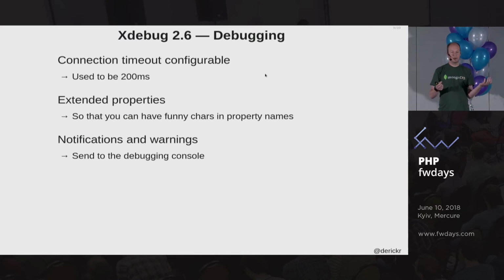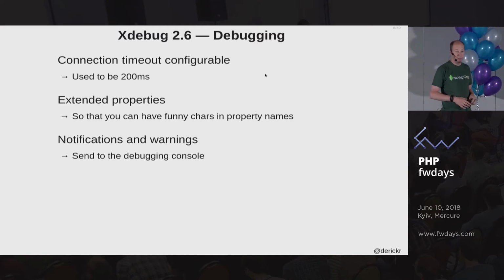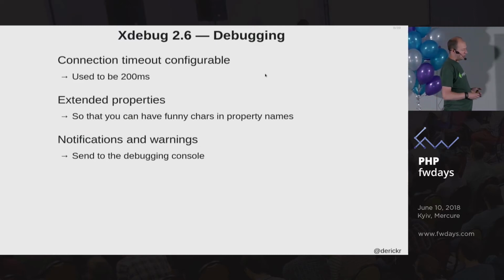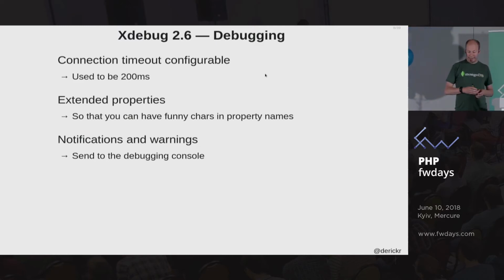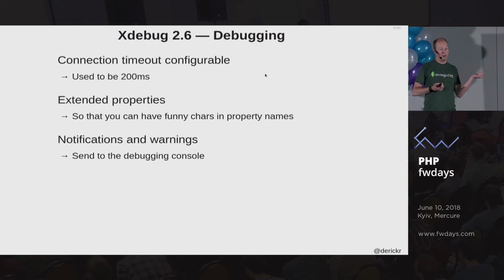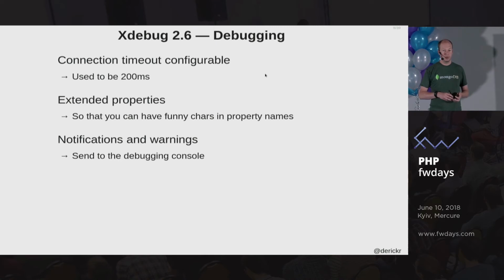It's just not possible to have null characters in XML. So when this happened, IDEs usually would get confused parsing the XML and drop the connection. So we modified the protocol to allow these kinds of things. And interestingly, it will also send all the notifications and warnings that usually would just show up in your browser window over the protocol, so that you can see what's going on there as well.